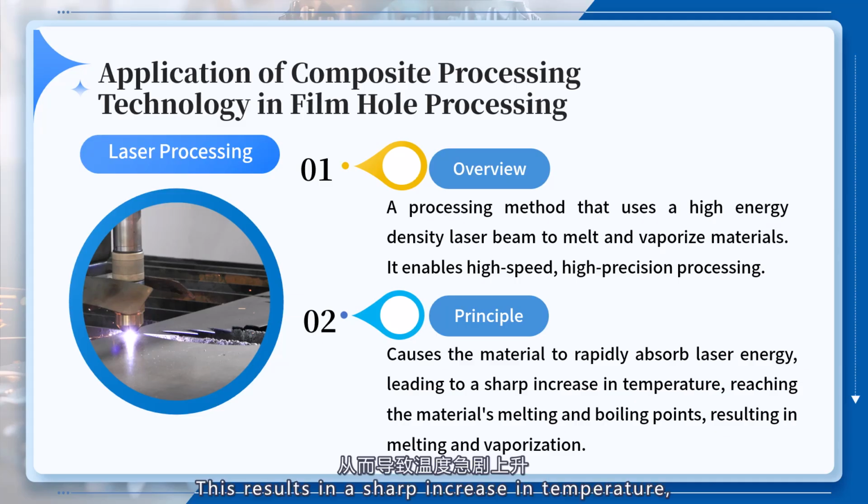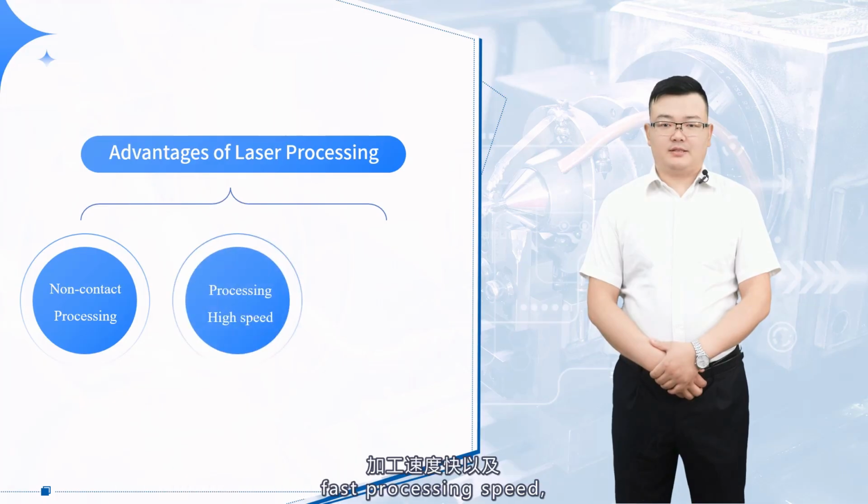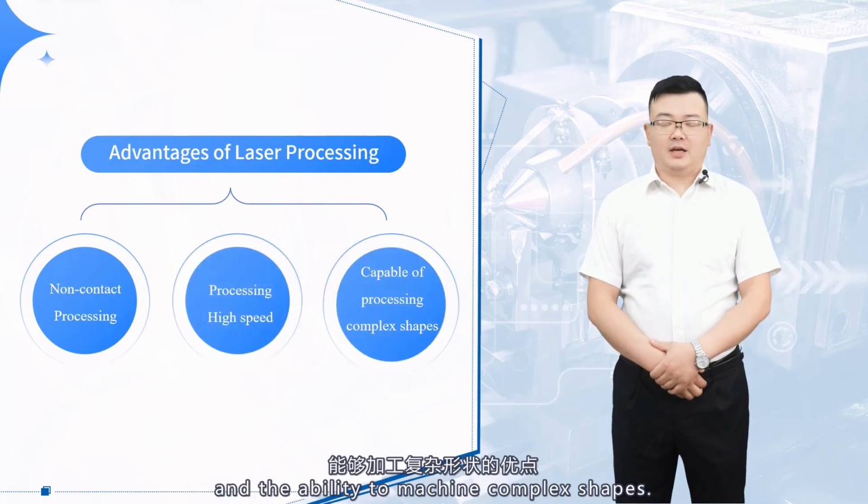This results in a sharp increase in temperature, reaching the material's melting and boiling points, thereby causing the material to melt and vaporize. Laser machining has the advantages of non-contact processing, faster processing speed, and the ability to machine complex shapes.